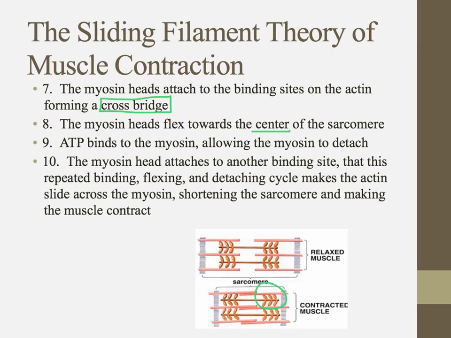And then I'm going to need ATP to bind to the myosin to get it to detach. Once it's detached, it's going to bind to another binding site further down, and it's going to repeat that binding, flexing, and detaching cycle until this actin has slid all the way towards the center, shortening the sarcomere and making the muscle contract.